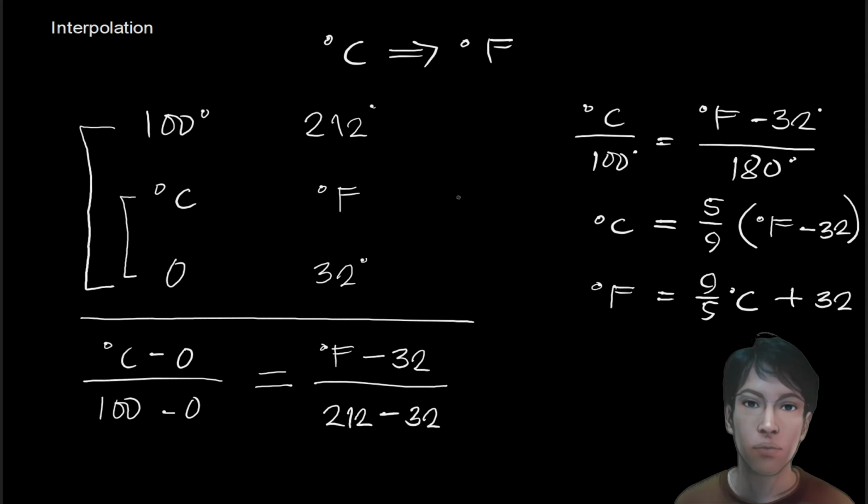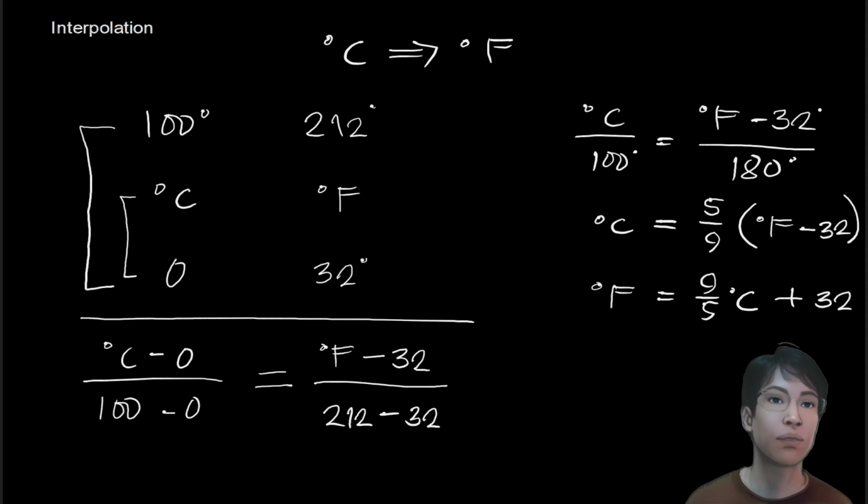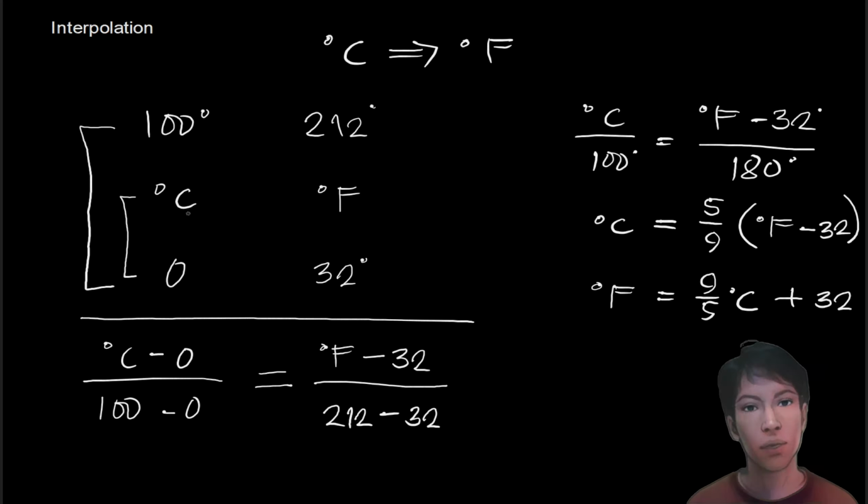And that is the formula for converting degree C to degree F and degree F to degree C. This is the process by which I got the formula, and this is interpolation.